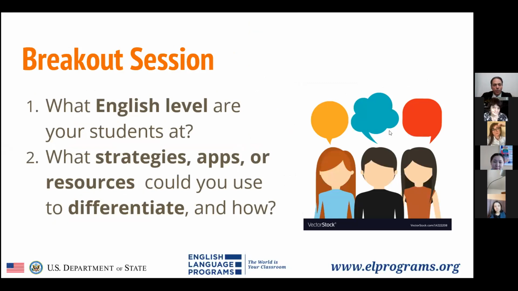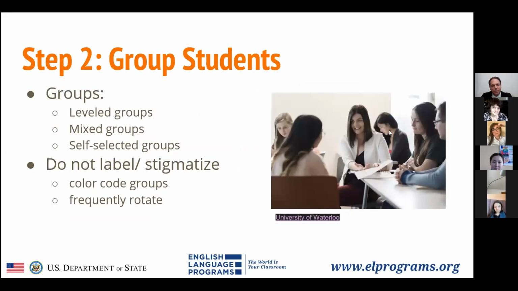So we already talked about the language of your students. We'll skip that one for now. So grouping. What grouping strategies do you use? All of you talked about grouping. What grouping strategies do you use personally and why? How do you group your students and why? For example, in the beginning of the lesson, just like warm up, I will give, for example, sweets, colorful sweets, green, yellow, red.